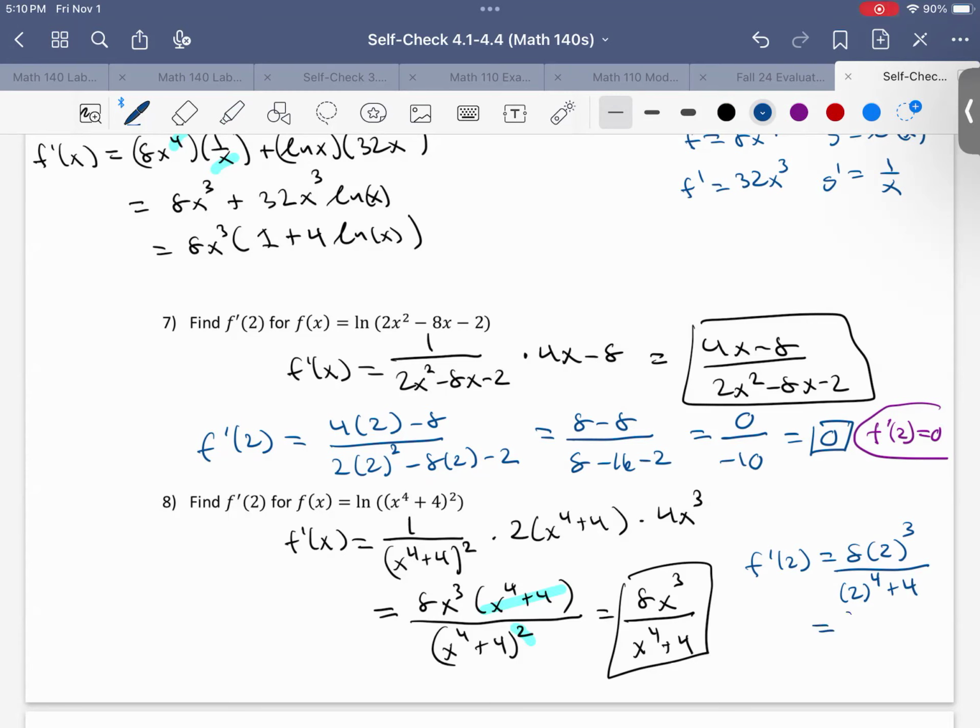So this is 2 cubed is 8, times 8 is 64, over 2 to the fourth is 16 plus 4. This is running out of room a bit, I apologize. 64 over 20, which is 3.2. So f prime of 2 is 3.2, and that's our answer.